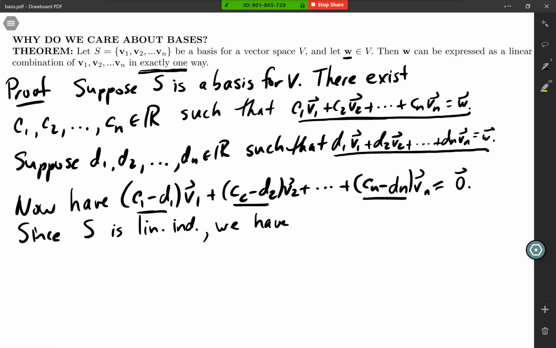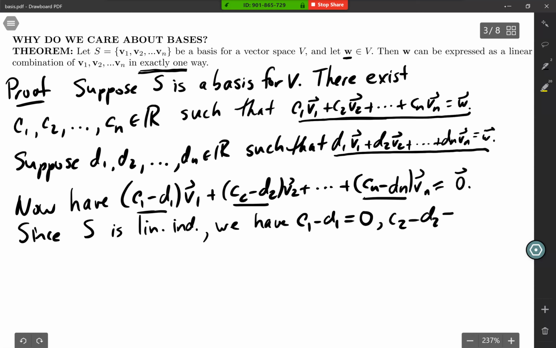Good. So we have C1 minus D1 has to be 0. C2 minus D2 has to be 0. All the way up to Cn minus Dn has to be 0. So what does that tell us about all of the C's in relation to all of the D's? They're equal. Good.